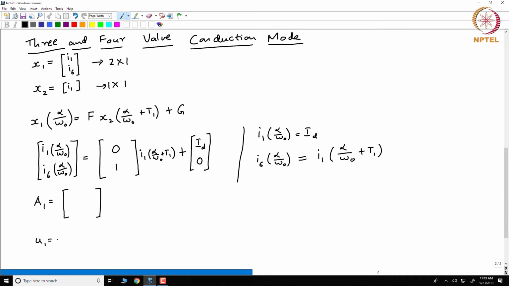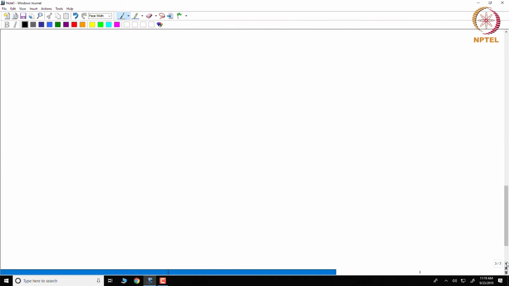Okay, what one needs to do is get the equation. Let us do that. See, our circuit is like this.